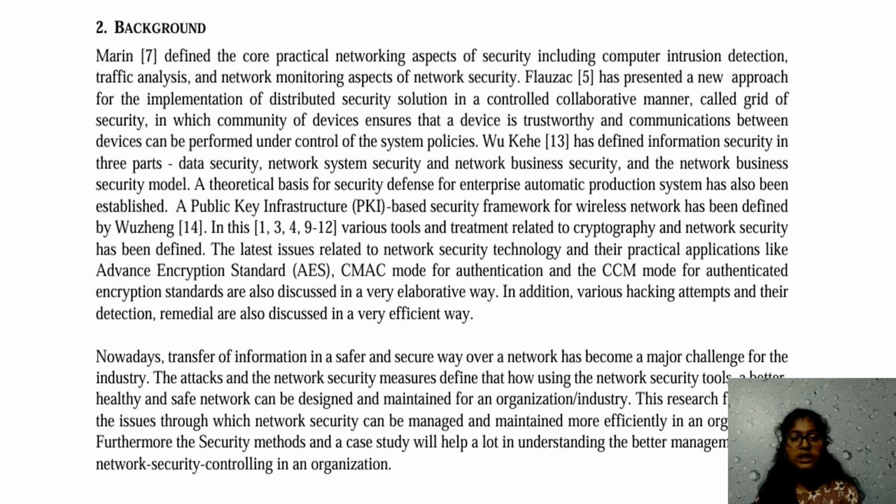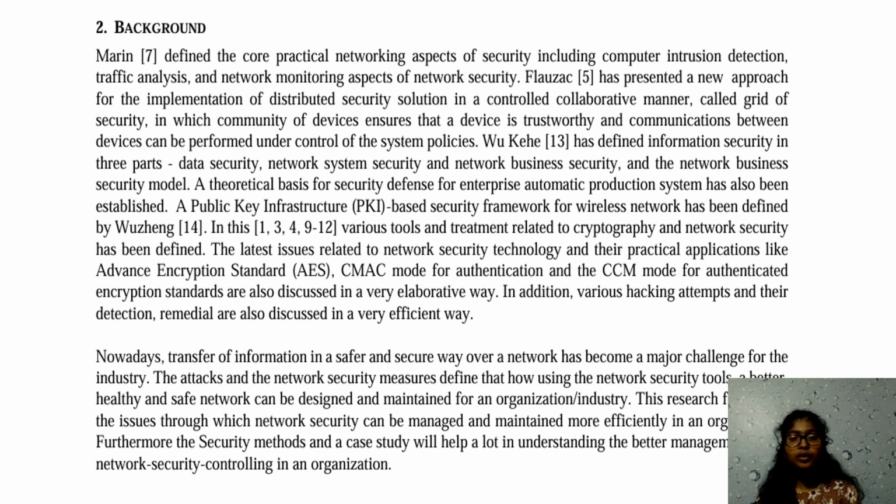Coming to Whoke, who defines security in data networks and business operations, and also speaks about PKI based frameworks to secure wireless communication.